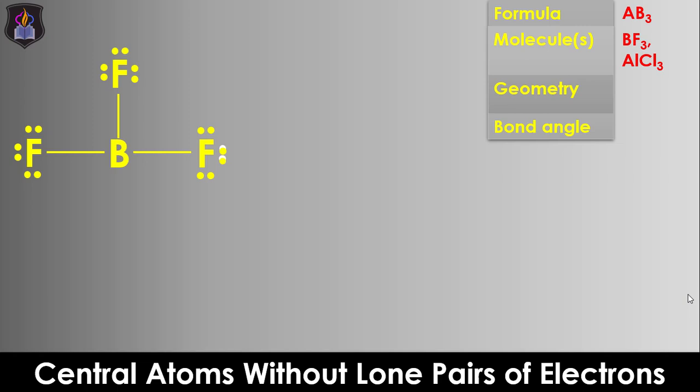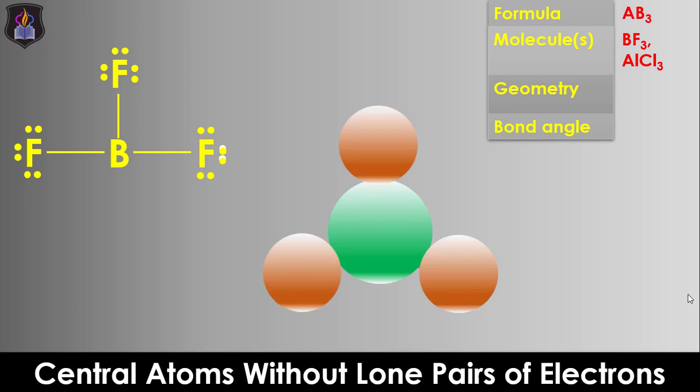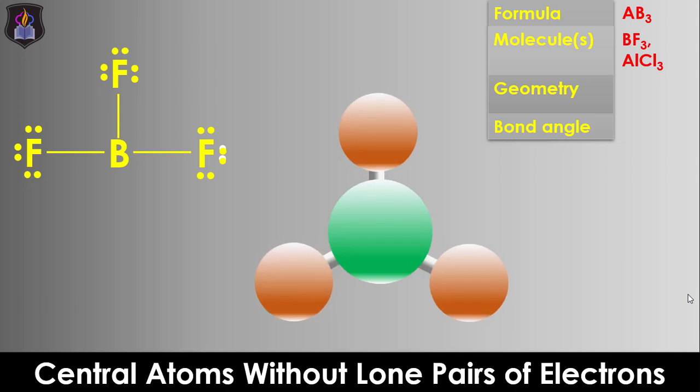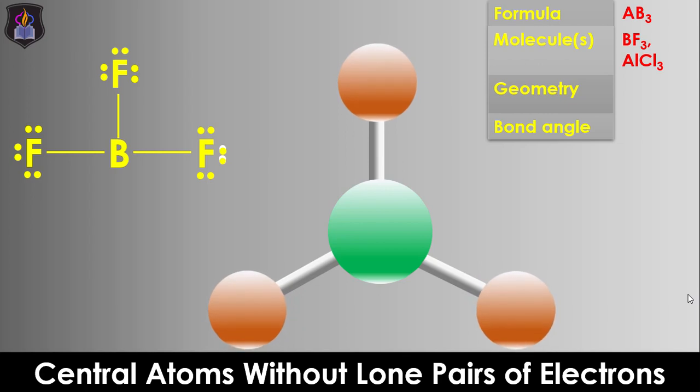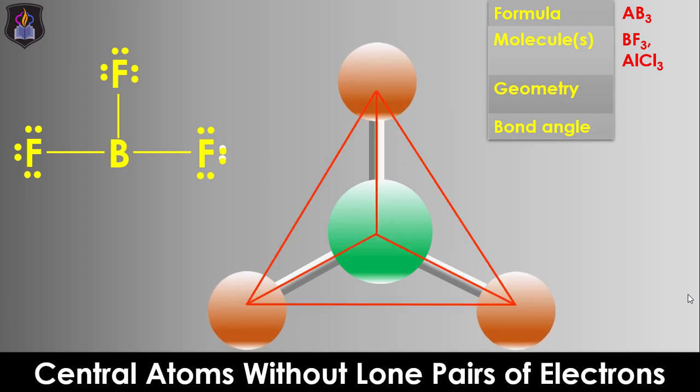With the absence of a lone pair of electrons on the boron atom, the 3 bonding pairs of electrons repel themselves towards the corners of an equilateral triangle, with the boron atom at the center. This geometry, which provides a maximum stability to the molecule, is said to be trigonal planar, with a predicted bond angle of 120 degrees, obtained by dividing the angles at a point, that's 360 degrees, into 3.